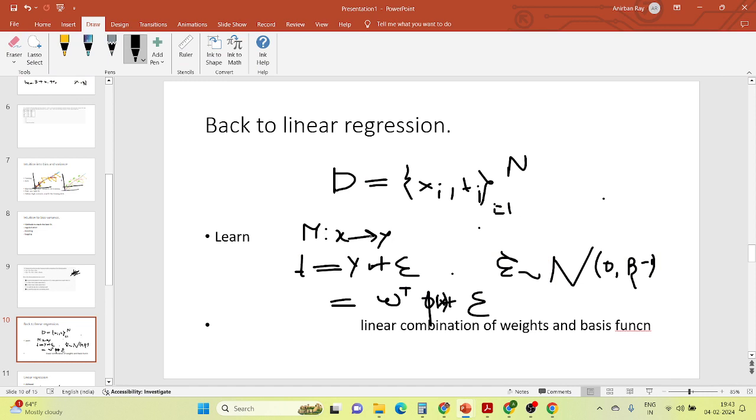Our purpose is to learn y here. y is the value for x which does not have the noise. The t that we have taken has noise.